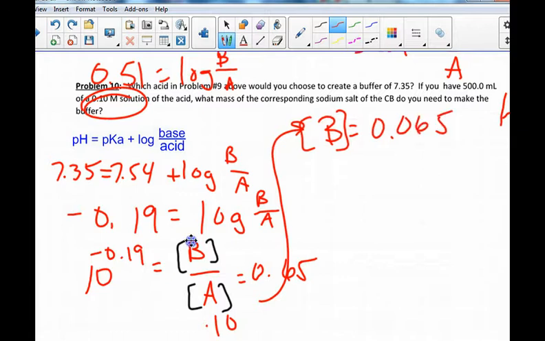And as we all know, what is molarity equal to? Moles per liter. If I am putting a solid into this solution, I'm going to assume that my volume doesn't change too much, so we're going to negate that. So my volume is still 0.500 liters. So I can do this.